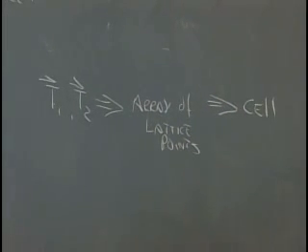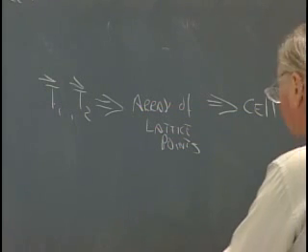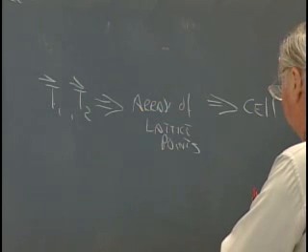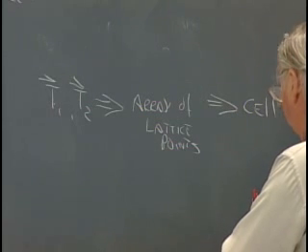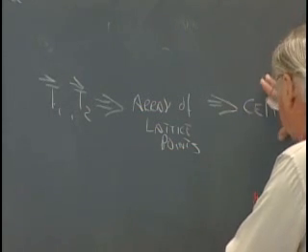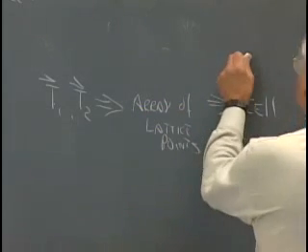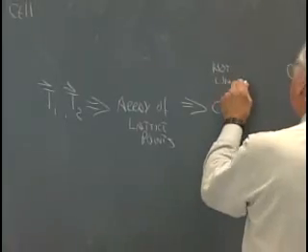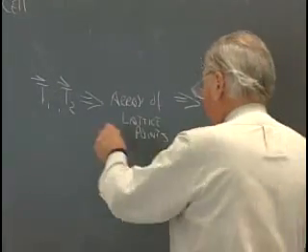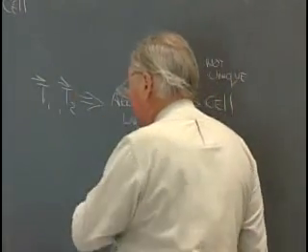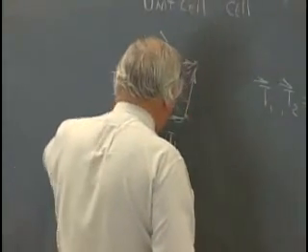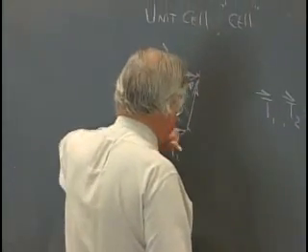But the reverse is not true. That a particular lattice does not specify a unique unit cell. Or stated another way, there are many different choices for T1 and T2 that would specify the same unique area.